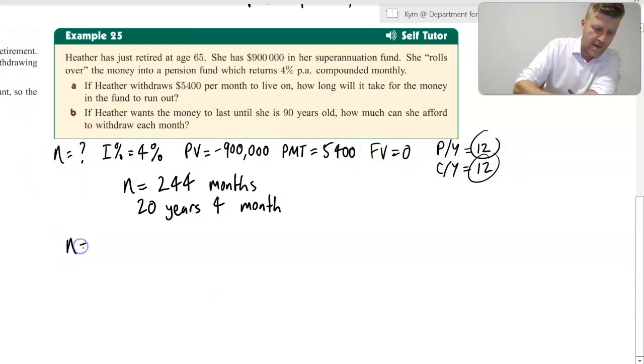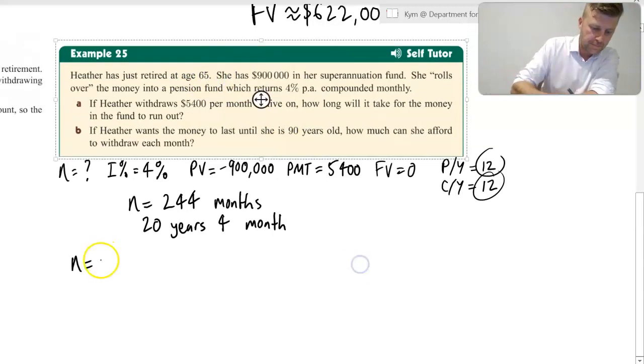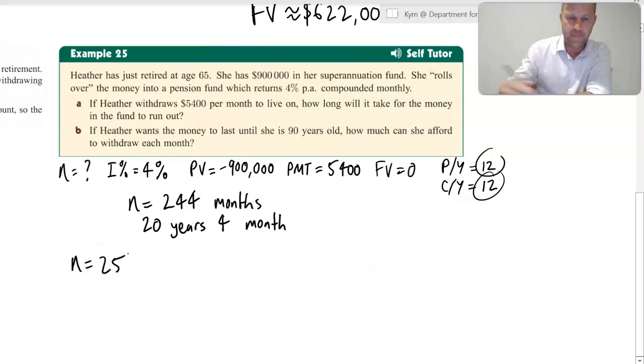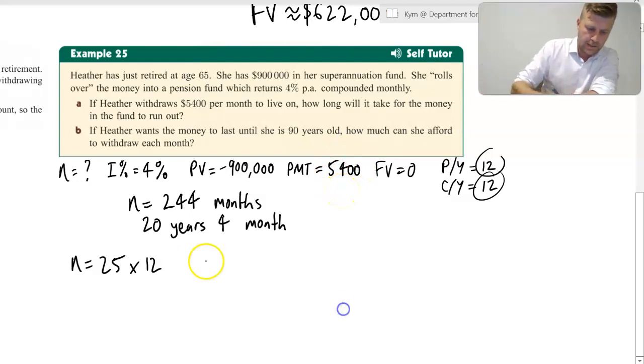So N will now need to be, first of all, how many years? If she wants it to last from 65 to the age of 90, that is the difference between 90 and 65, which is 25 years. We're going to multiply that by 12, because 12 is how often the interest is compounded and how often she's withdrawing money. The interest rate will be, again, 4%.